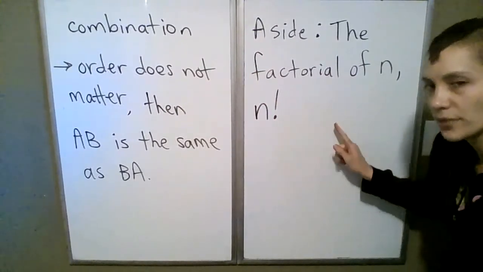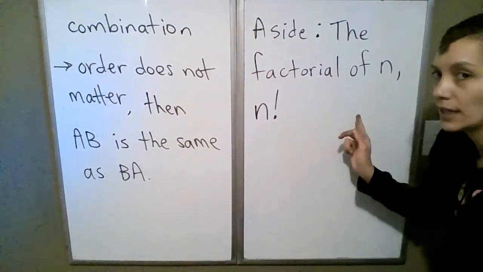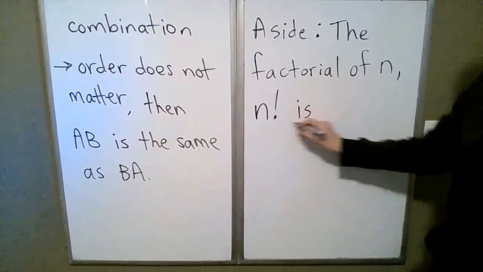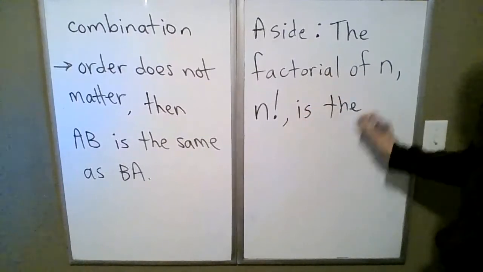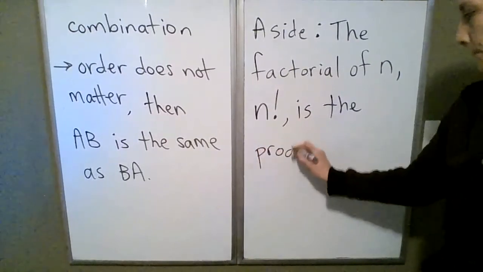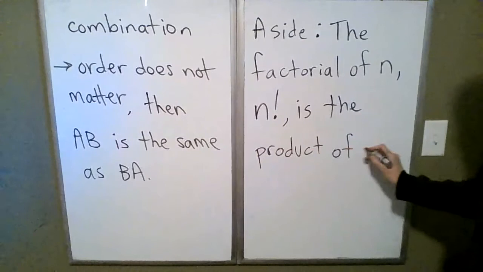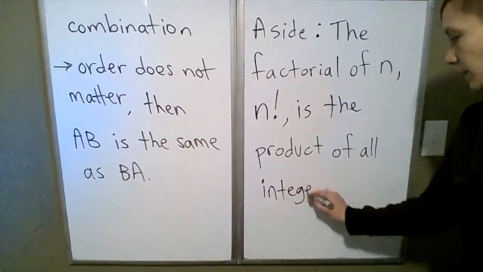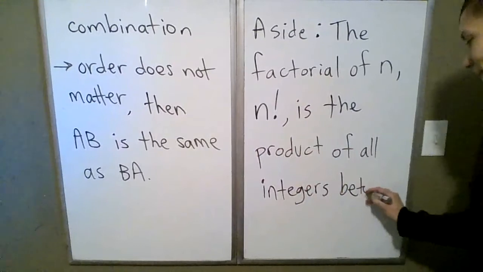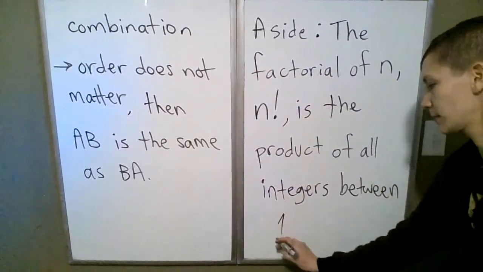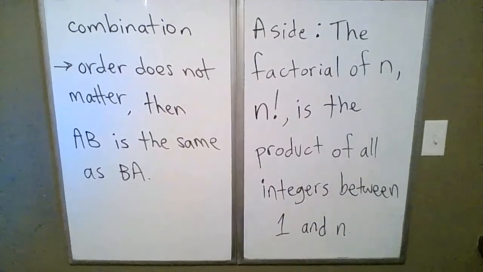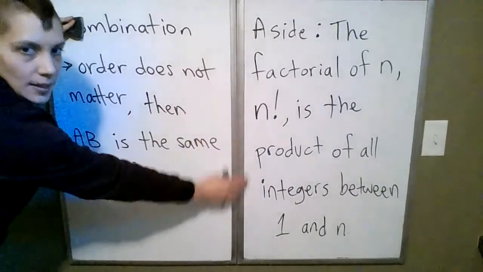And it is the product of all integers between 1 and n. Okay, so we're going to write this mathematically.